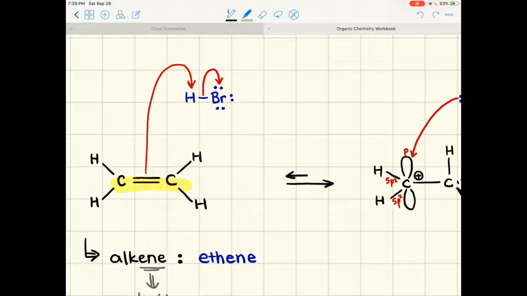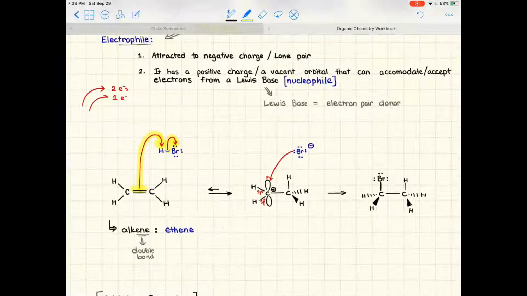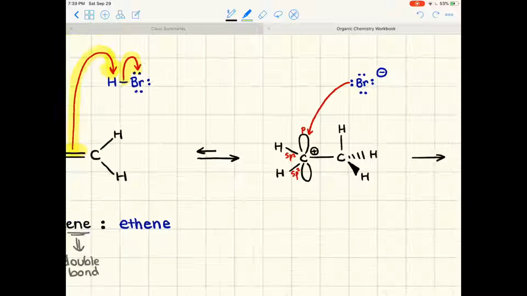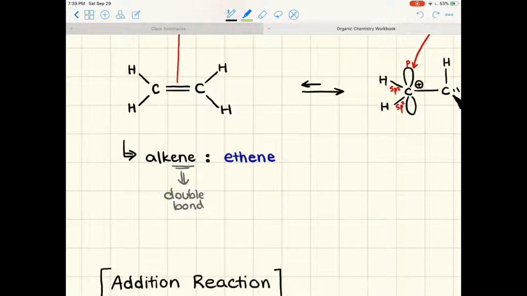Again, this electrophile used one of these bonds, took those electron pairs to start this other reaction, giving it to hydrogen, which breaks it and gives it to bromine, which resulted in our final molecule of adding hydrogen and bromine to our ethene. And ta-da, you have the electrophilic addition reaction.